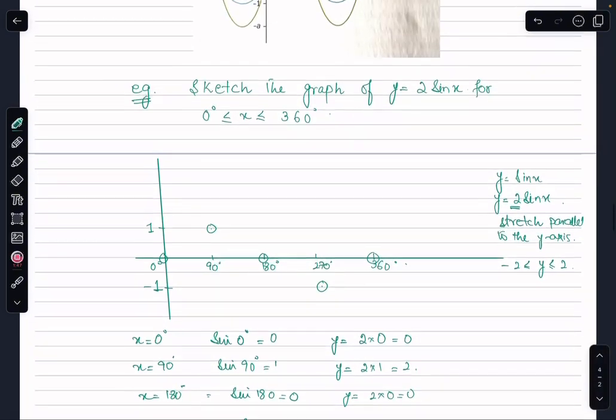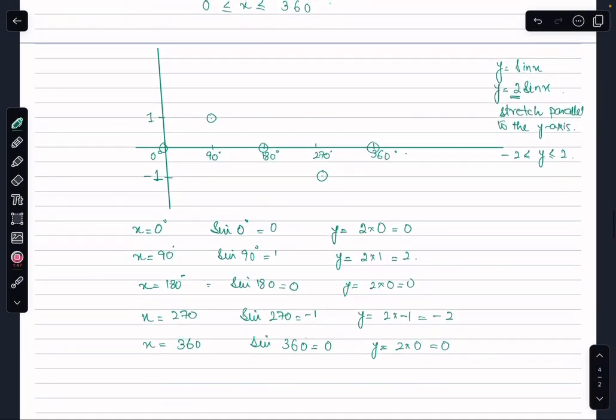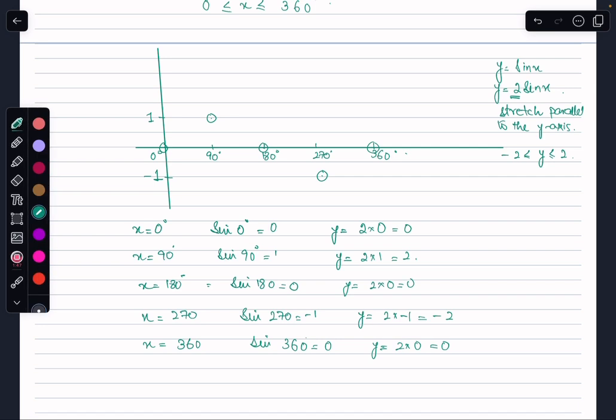So this means if I sketch all these values that I have taken out, then I can see here that when x is 0, the value remains 0. If x is 90, then it has stretched parallel to the y-axis by 2. 180 degrees gives us 0, 270 is stretched by negative 2, and 360 is 0.